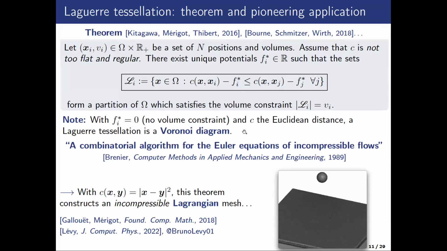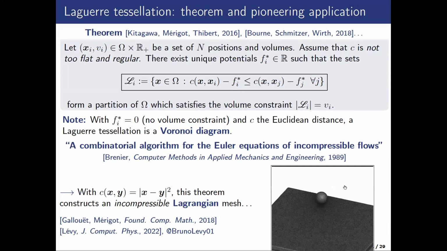And the way that fluid simulation works is that all these particles are just fluid particles. So basically, you construct a mesh that satisfies volume constraints. So it's very good, of course, to simulate incompressible flows. And I think Bruno Levy showed that beautiful fluid simulation of just a droplet falling in water, and it's a mesh, and the mesh is made of this Laguerre tessellation.